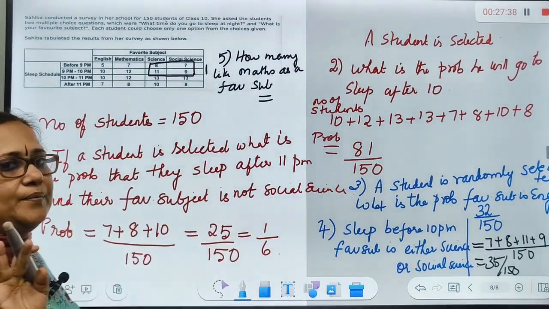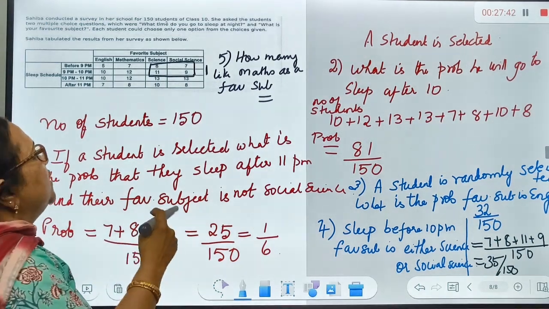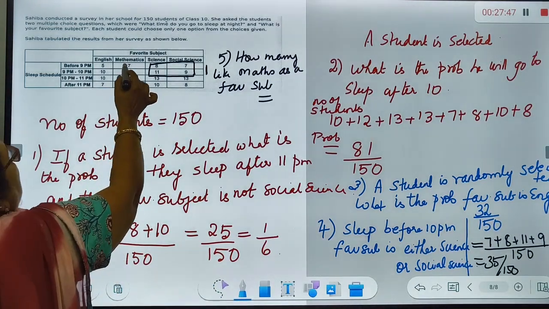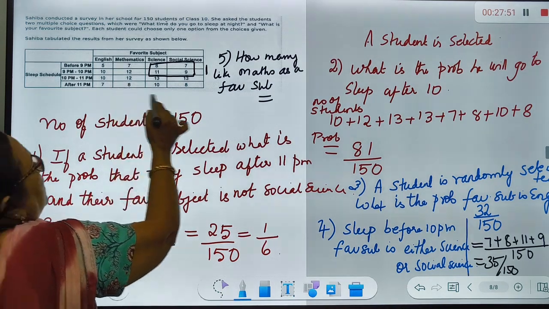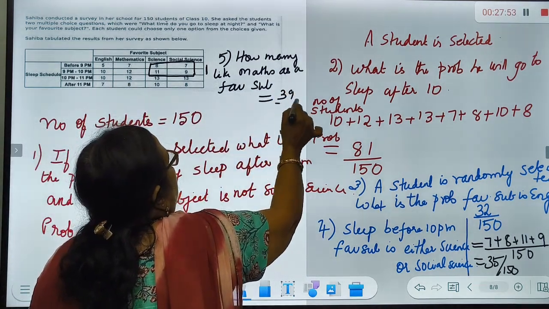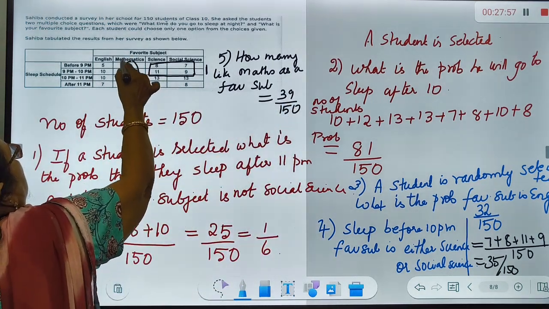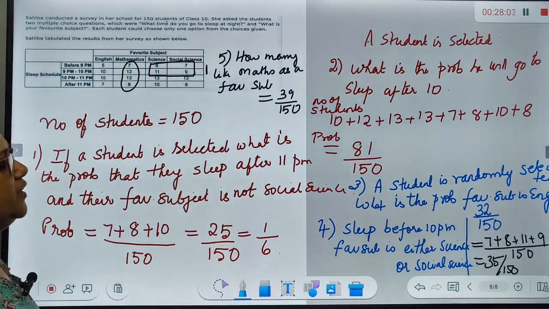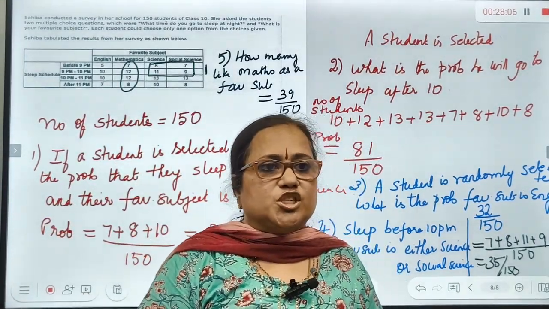Whatever be the time they go to sleep, let us find out what is the probability that a student picked at random chooses maths as a favorite subject. So I have to look at this column. 24, 24, 32 plus 7, 39. So it is 39 out of 150.